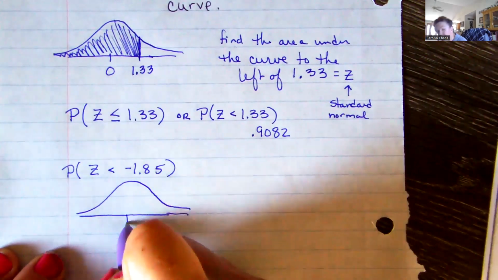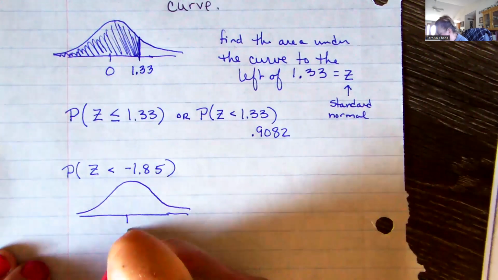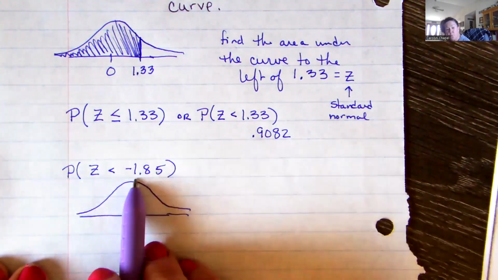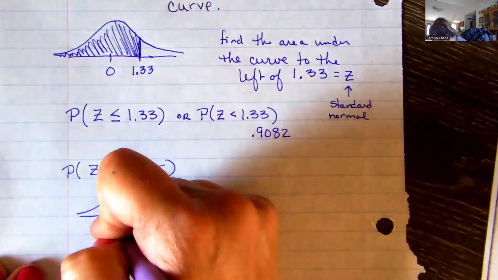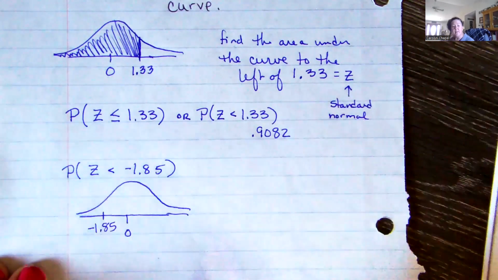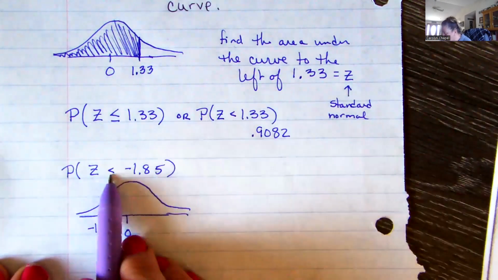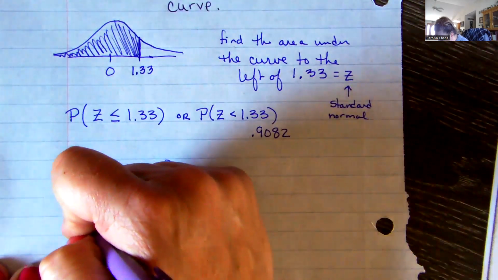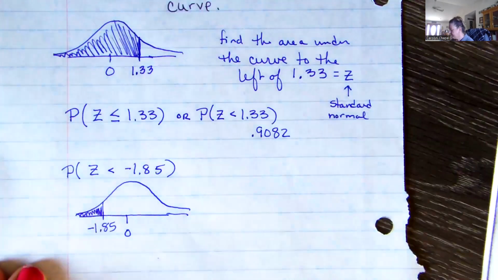Here again, standard normal is centered at 0, so I always put in my 0 as a reference point. Negative 1.85 is on this side, because negative is to the left of the 0. And I want to go smaller than it, so we're looking for the area of that little tail.